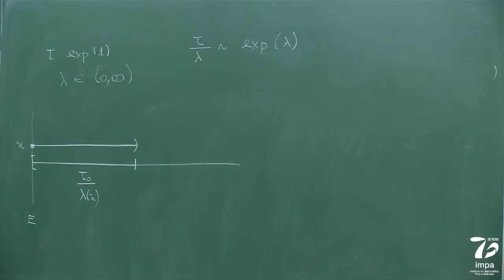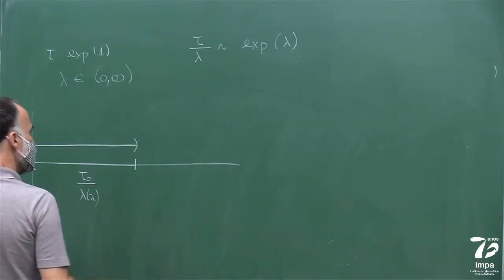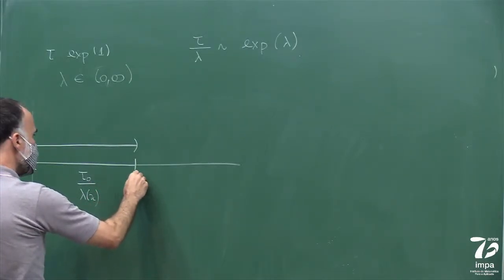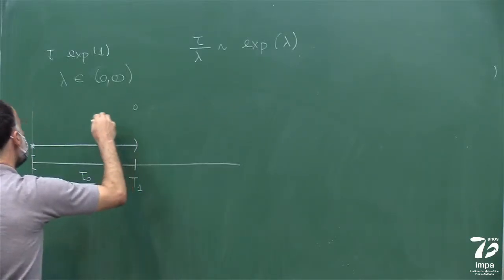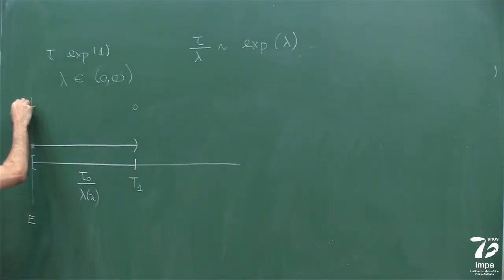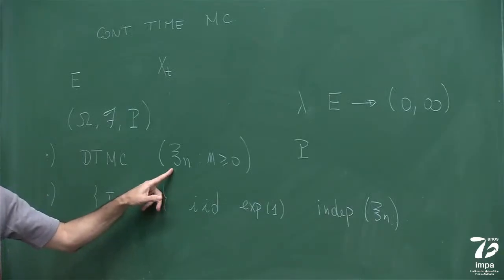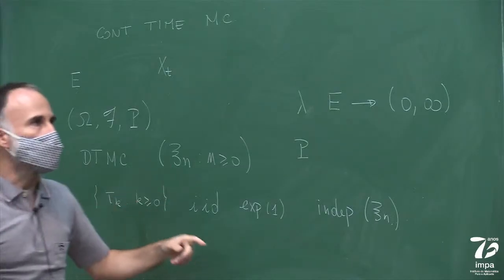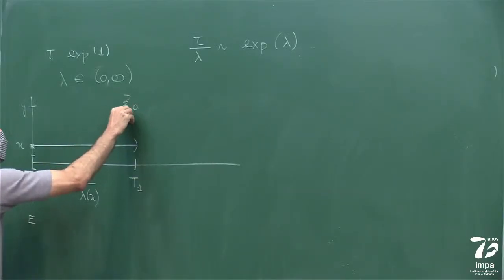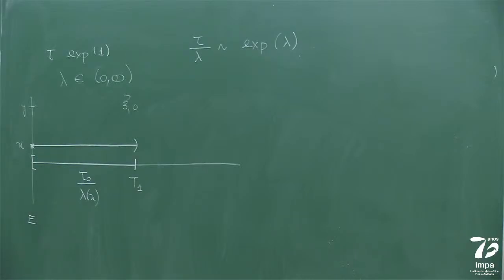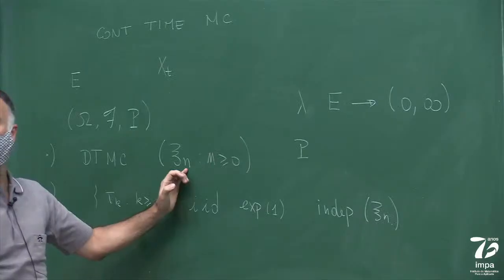Now, when you reach this time, which I will call t1, then you jump to some point y. And what is y? Well, I will follow my Markov chain. So psi 0 is x. So this point will be psi 1. So I jump to psi 1, just following this Markov chain.